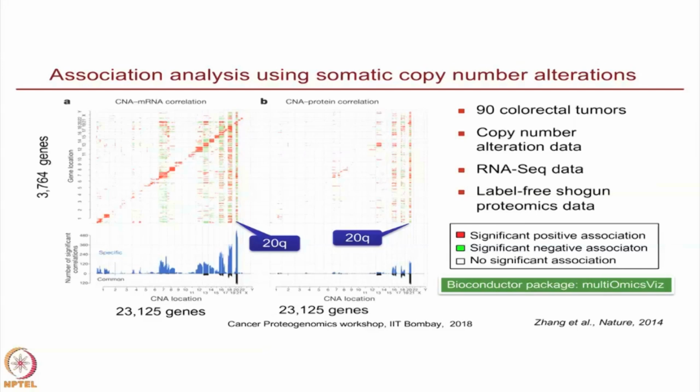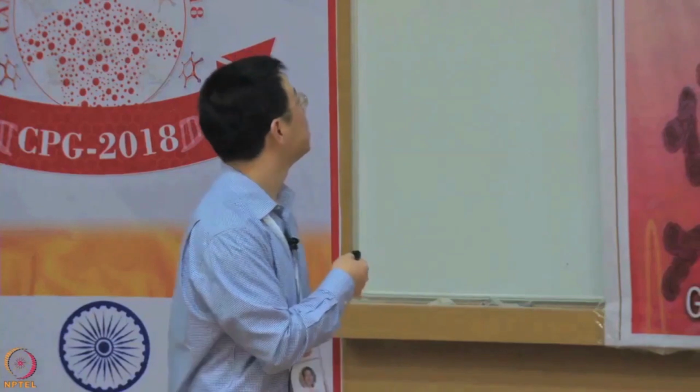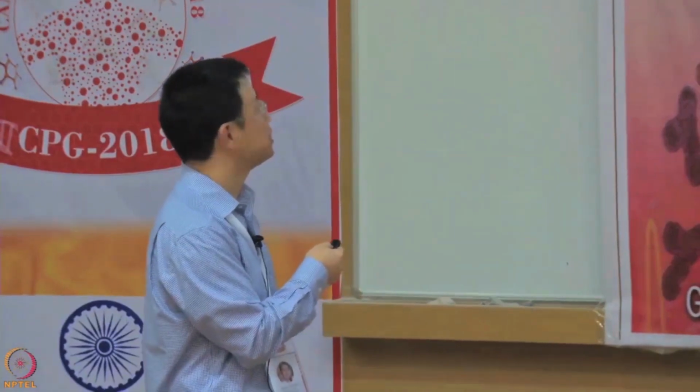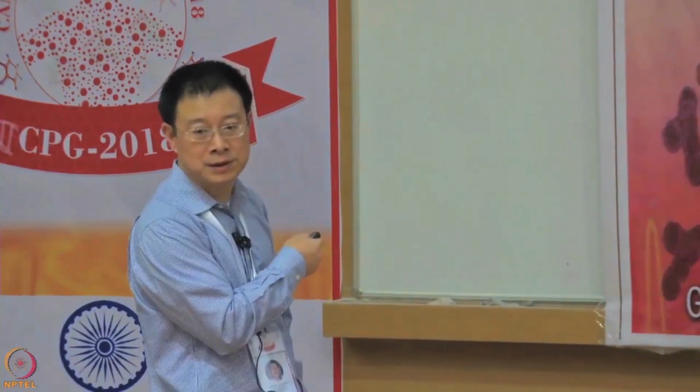And the interesting thing is we observed two types of patterns. One is on the diagonal, we see a very strong diagonal pattern. And the other type of pattern is these stripes, the vertical lines. Let's say we use this gene, this locus, as an example.